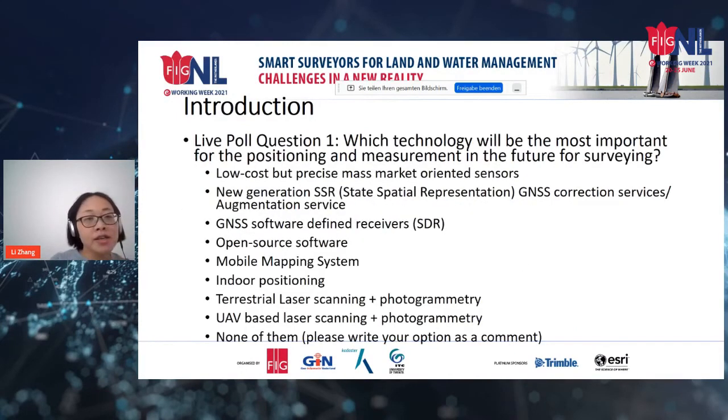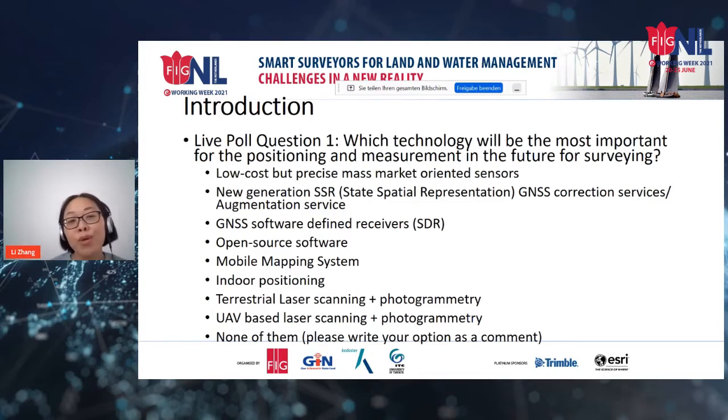Next we have three poll questions, and you can find them also in the stage. I don't know if the poll questions are ready yet. The first question is, which technology do you think will be the most important for positioning and measurement in the future for surveying? Unfortunately, it's only single choice, so I am asking what is the most important technique for positioning and measurement in the future.